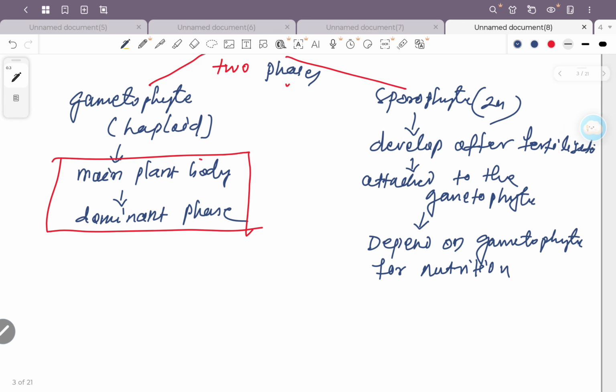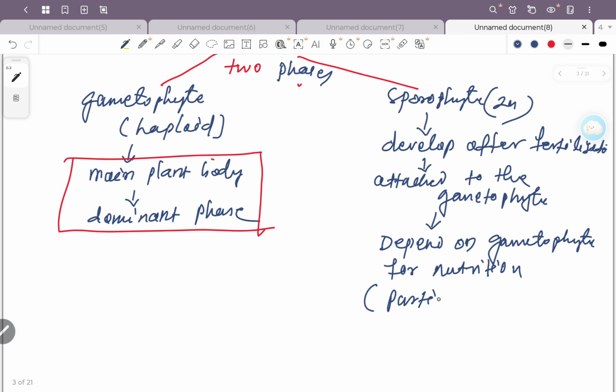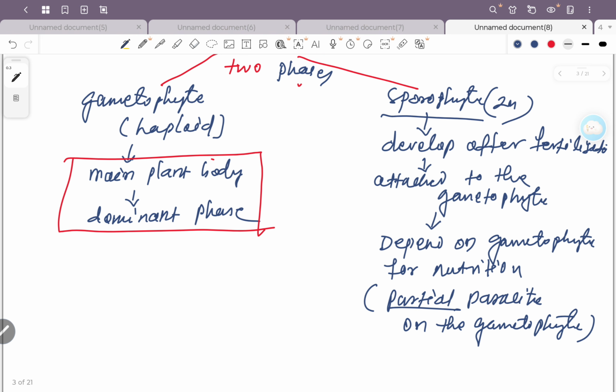Or you can say they are a partial parasite on the gametophyte. Why am I saying partial? Because the sporophytes have their own chlorophyll pigments and chloroplasts, but that chloroplast is not able to produce sufficient food by photosynthesis to support the development of the sporophyte. So that's why it depends on the gametophyte partially. So it is known as a partial parasite on the gametophyte.